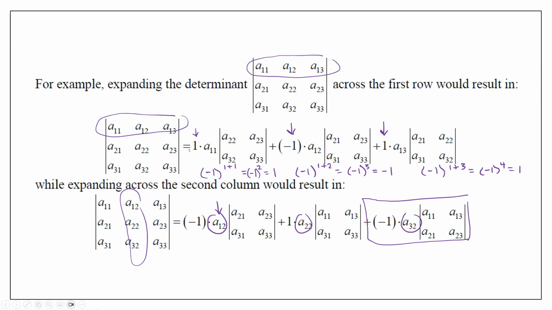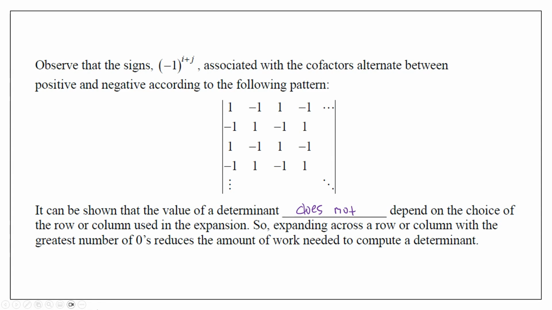Another thing to know about the cofactors is if i plus j is even, then -1 to the i plus j will equal 1. If your power is even, then you will always get 1.